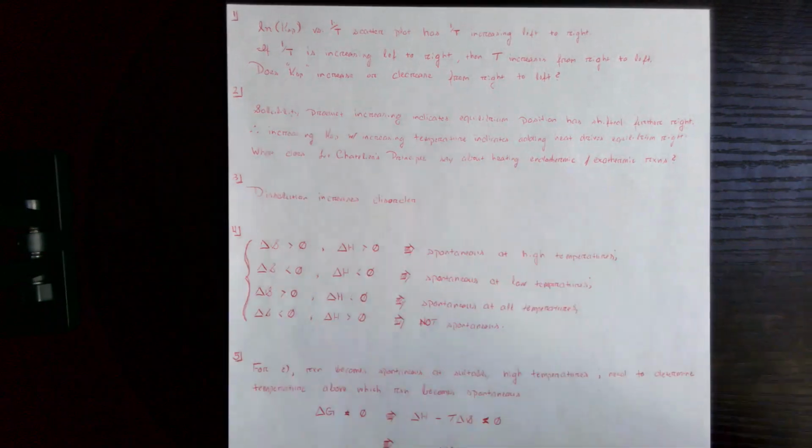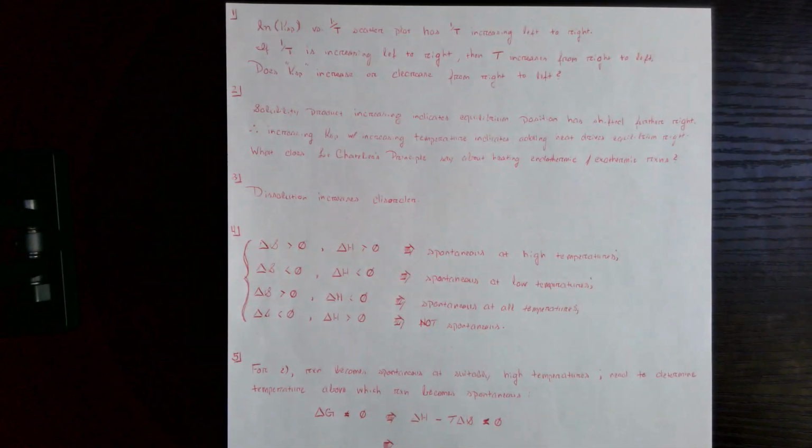Le Chatelier's principle talks about this, right? When you discuss temperature effects upon the equilibrium position of a reaction, Le Chatelier's principle, for an endothermic reaction, treats heat as being a reactant. And for an exothermic reaction, it treats heat as being a product.